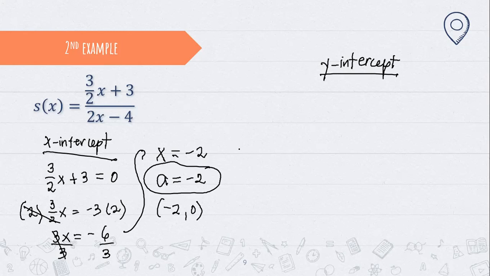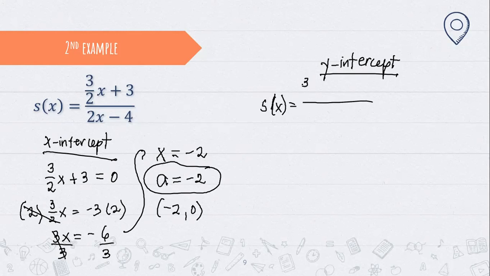Okay? Sige. Next. That would be for x-intercept, di ba? Next is y-intercept naman. So to find y-intercept, simply substitute all the value of x with 0. So that would be s of x. Sige, sulat mo na yung mismong function.